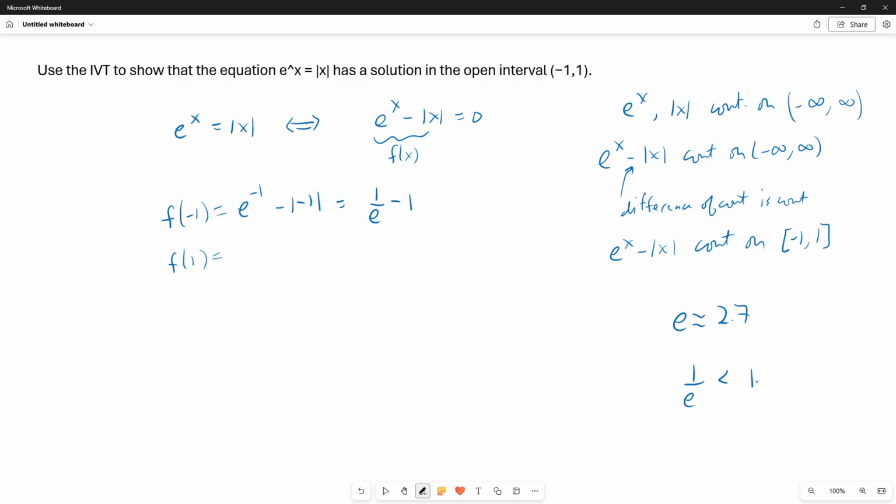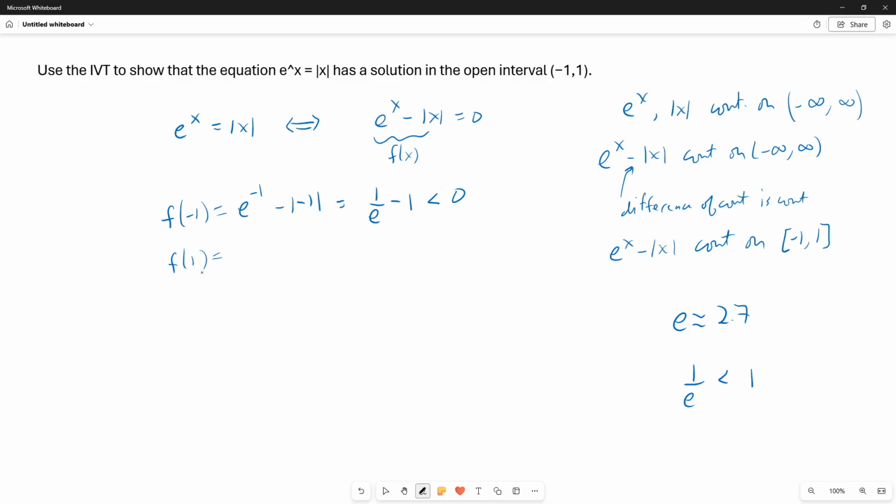And so 1 over e minus 1 is negative. This is a smaller number minus a bigger number, and that's negative. So f of -1 is less than 0.